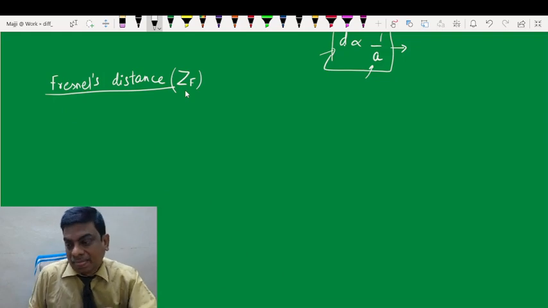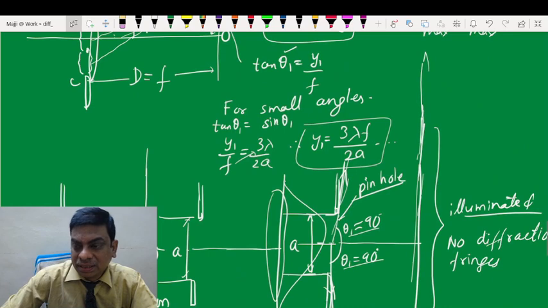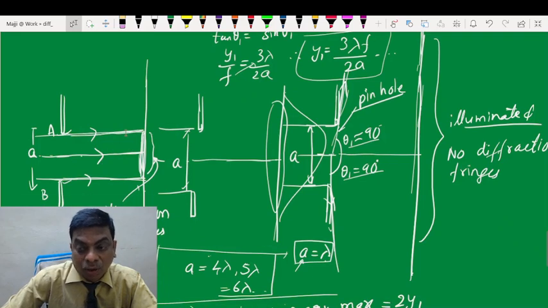Now students, here we discussed that in the first case there is no diffraction. In other words, the principle of rectilinear propagation of light is being followed, so ray optics is applicable.